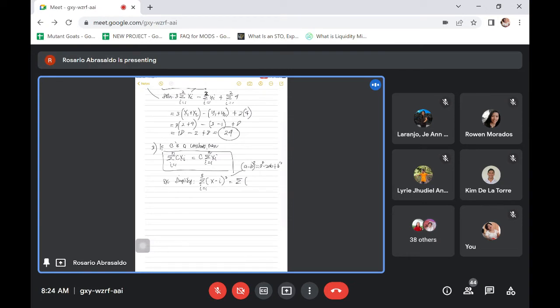If we expand this, square the first term, x squared, minus twice the product, xi, plus square the last term, i squared.